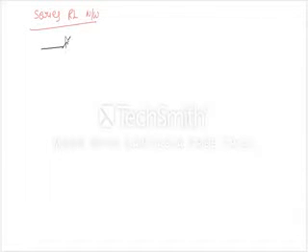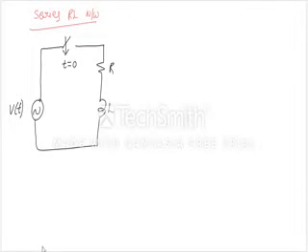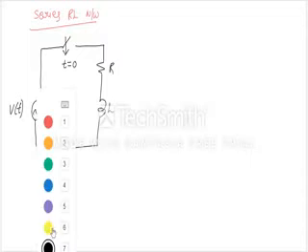Now let us consider that at t is equal to 0, my switch is closed. We are applying AC supply. This is my V of t supply, and this is my R, this is my L. Now at t is equal to 0, we are not applying any supply here.